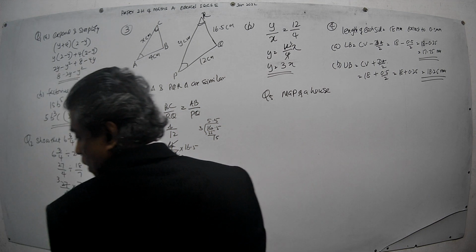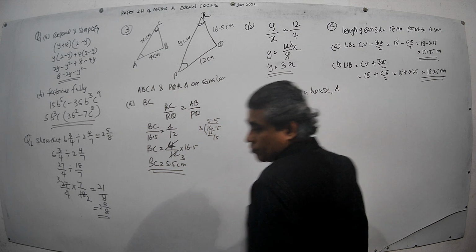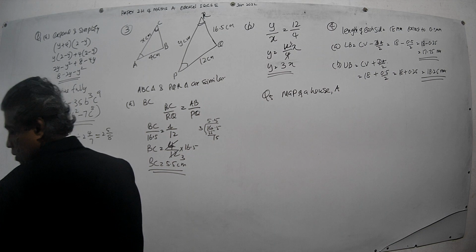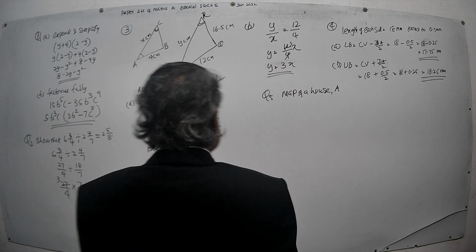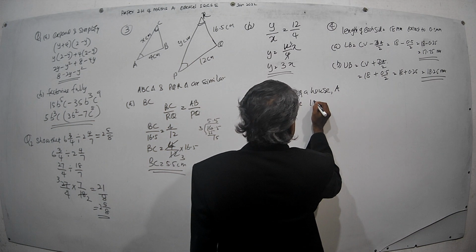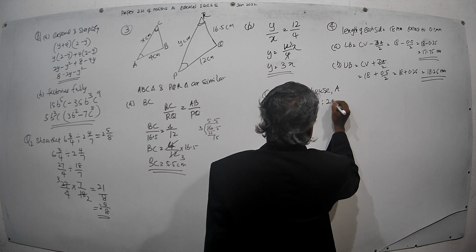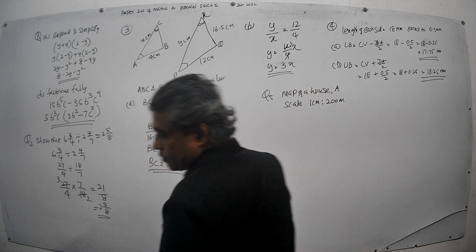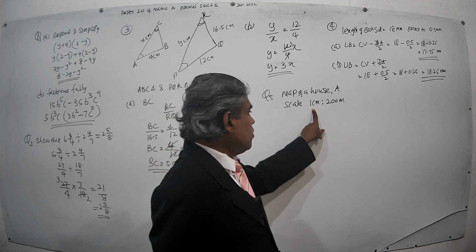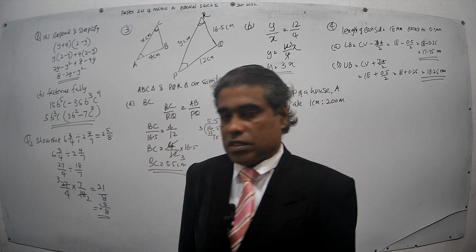That house is A. Then the scale is 1 centimeter represents 200 meters. That means 1 centimeter on the map shows 200 meters of actual length. That is what it means, right?